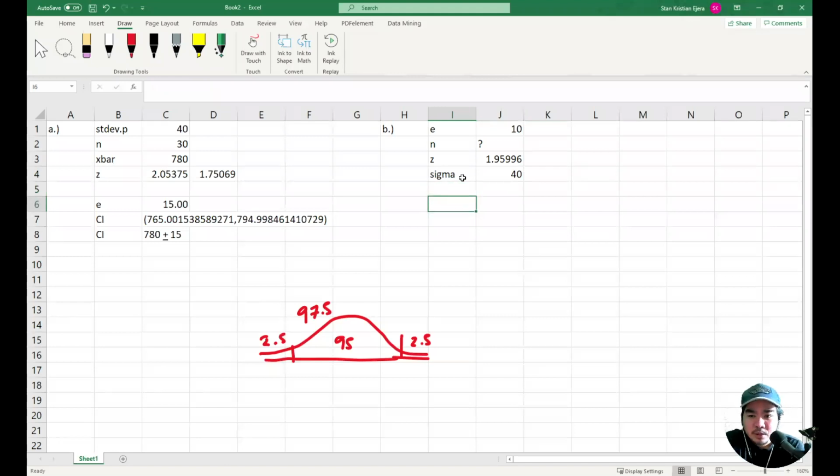So equals n, now here will now be equal to 1.95, sorry, close parenthesis, ito multiplied by sigma divided by e, and all of this is squared natin siya. Okay?